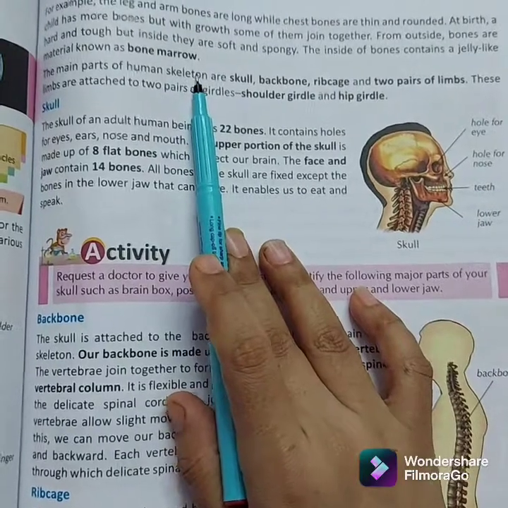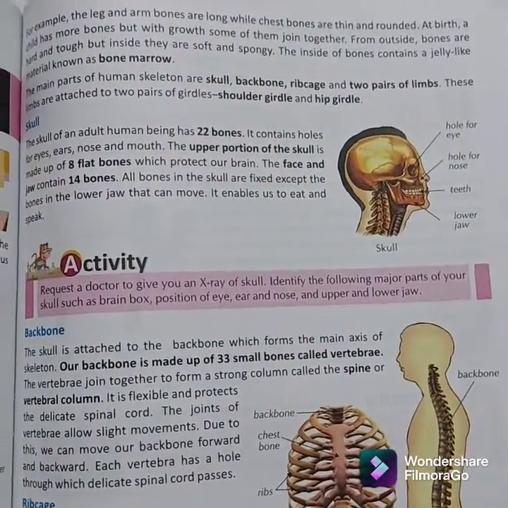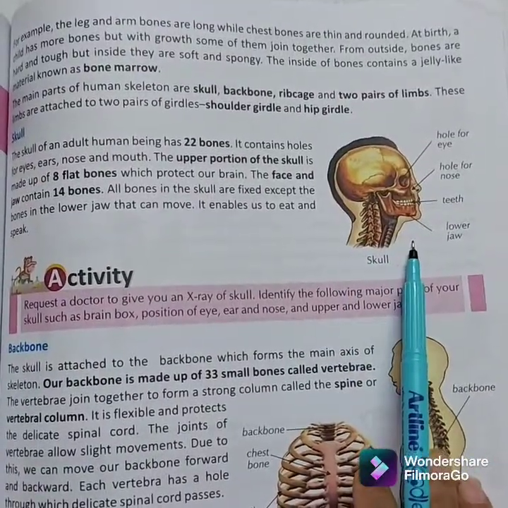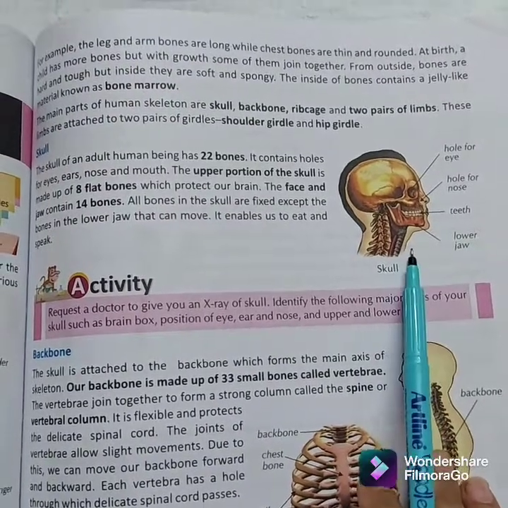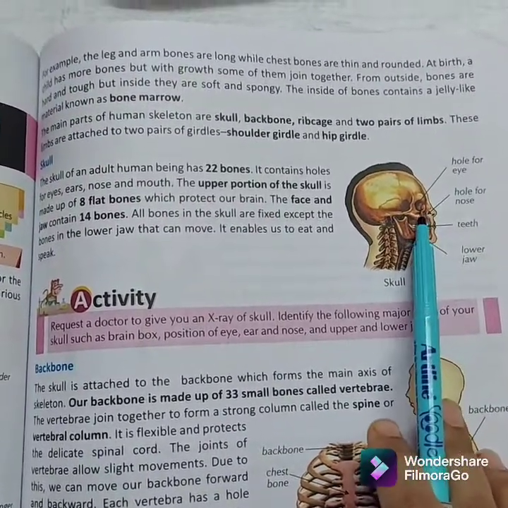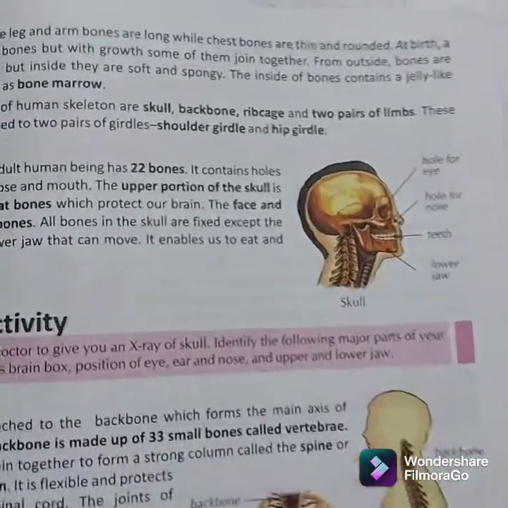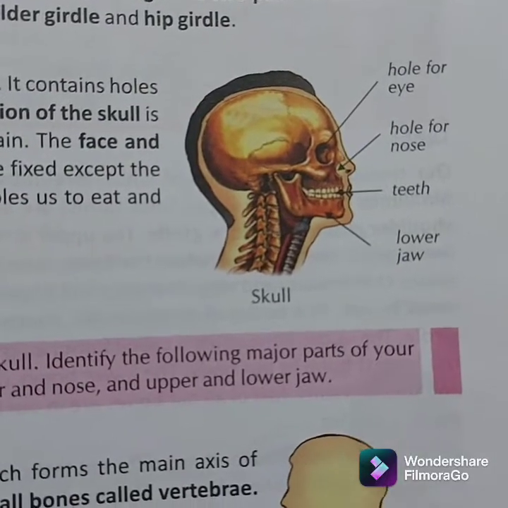Now, moving ahead. Alright, children, that's the structure of a skull, right? A human skull has various depressions, or you can call them sockets, inside it, right? Now, let us have a clear view of this diagram.